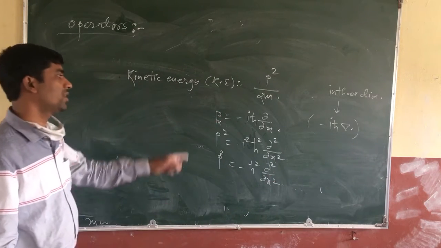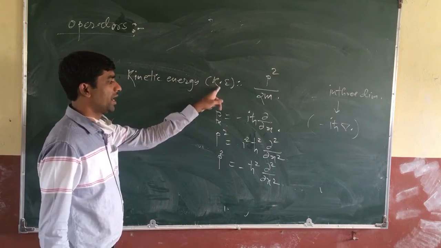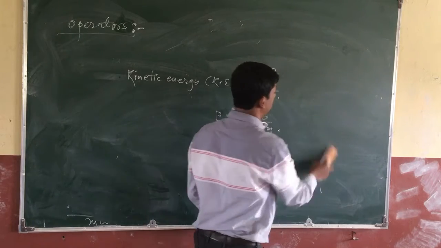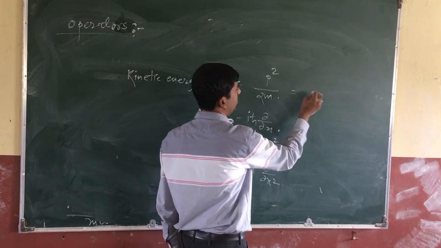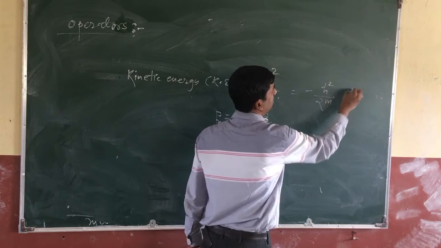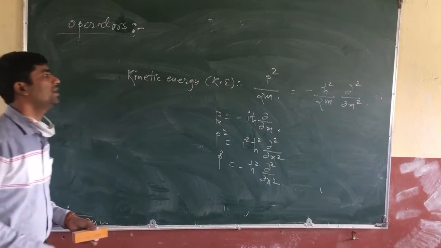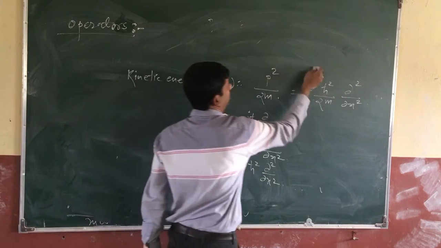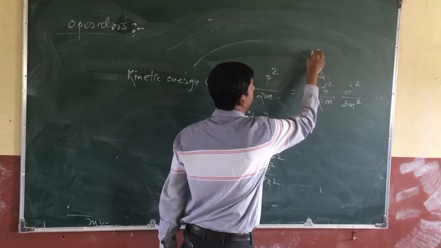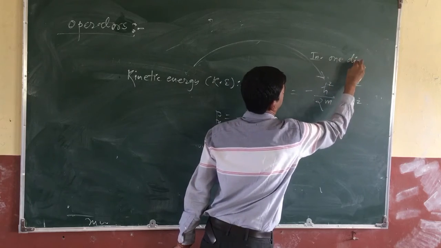So from this equation, what is the operator for kinetic energy? If you substitute this value here, you will get minus h cross square divided by twice m, d square divided by dx square. That is the kinetic energy operator, in one dimension.